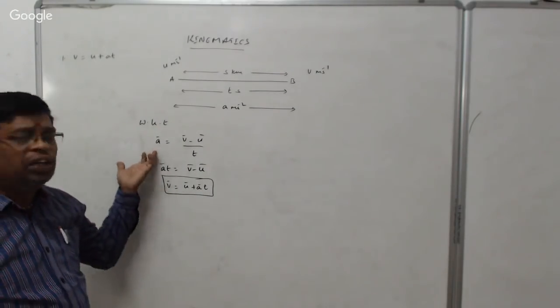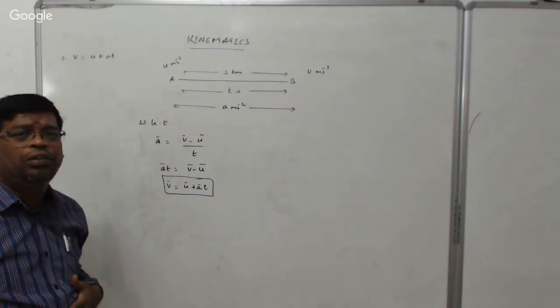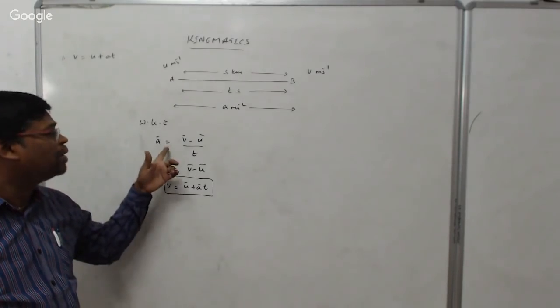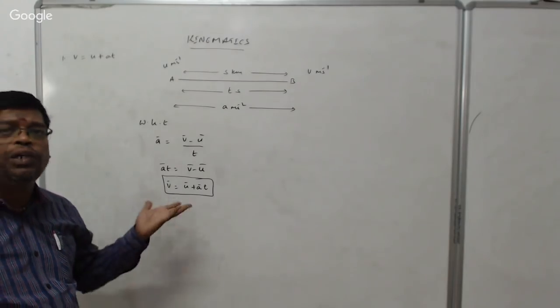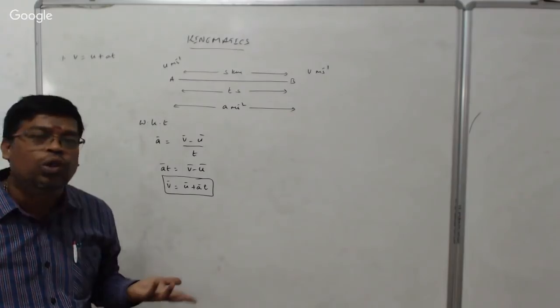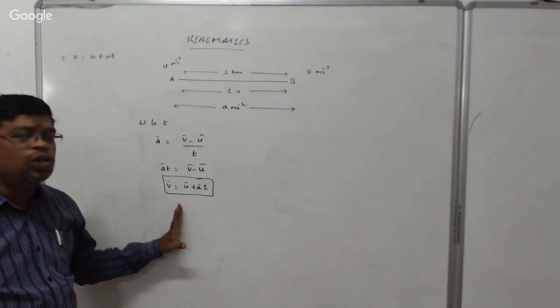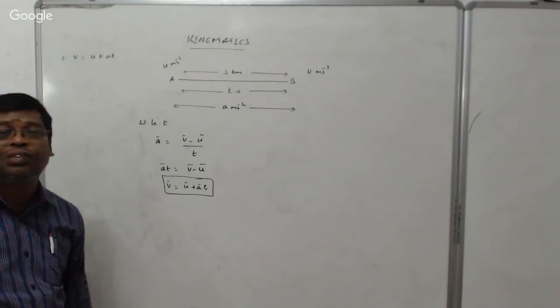Then, straight away, take the formula of acceleration. You can get the derivation for the final velocity. a bar is equal to v bar minus u bar by t. Cross multiply. a bar into t is equal to v bar minus u bar, or v bar is equal to u bar plus a bar into t. Okay, so in this equation, all are represented as vectors. Therefore, this equation represents a vector.